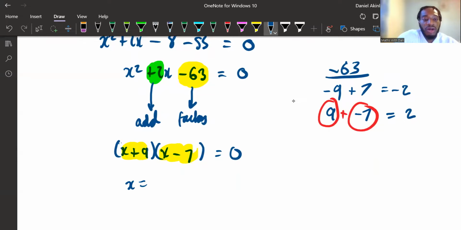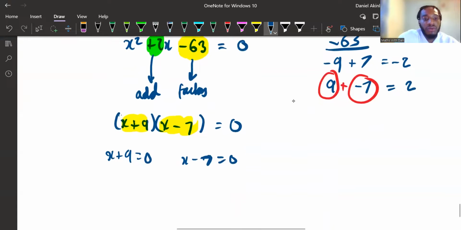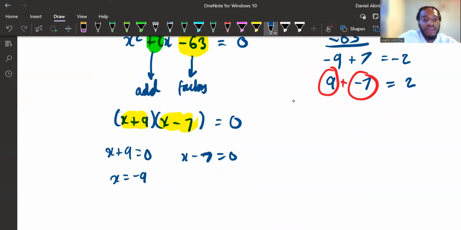Let me actually solve it so it's clear. It's going to be x plus 9 is equal to 0, x minus 7 is equal to 0. So we say that x will equal -9 and x will equal 7. So we've got two values for x.